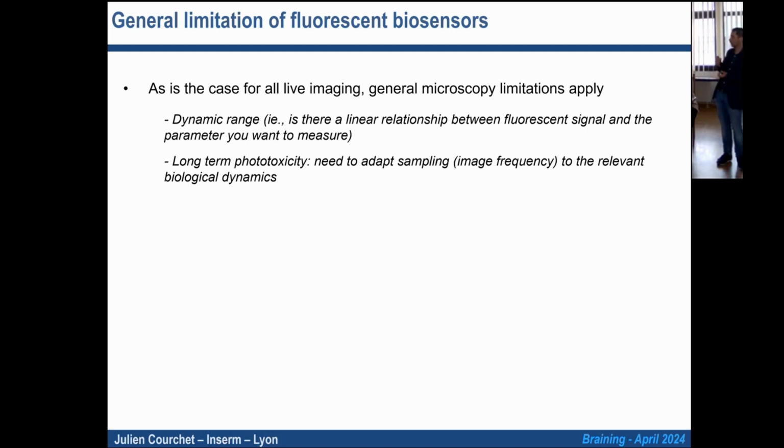So this is really dependent on the dynamic range of your biosensor and what is its Km, how much affinity it has to bind to the metabolite that you want. If the biosensor is saturated, if 99% of the biosensor is bound to what you want to measure at the physiological level, then the changes that you will see in the cell would not induce significant changes in fluorescence.